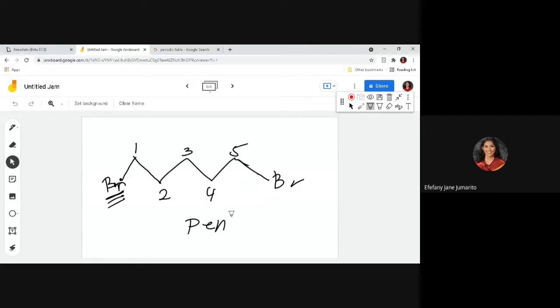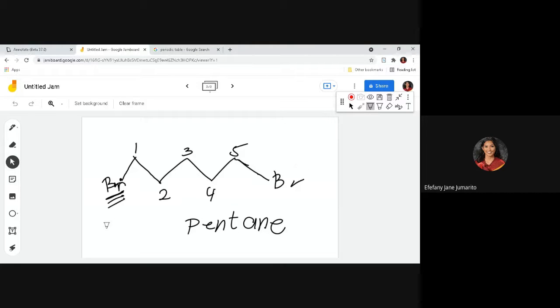What about the type of chain? Pentane. Then the Br are your substituents.